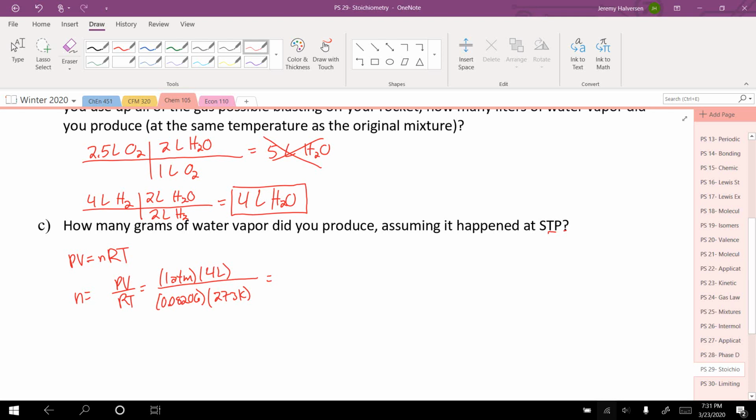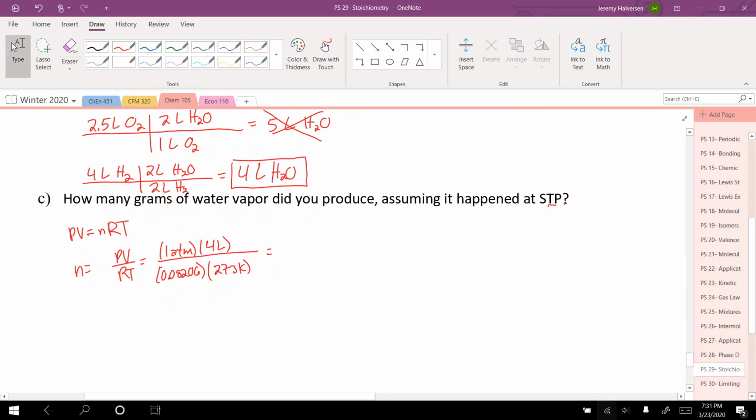And when I do that, let me just double check my math. 1 atmosphere times 4 liters divided by 0.08206 divided by my 273 Kelvin gives me 0.179 moles of water.